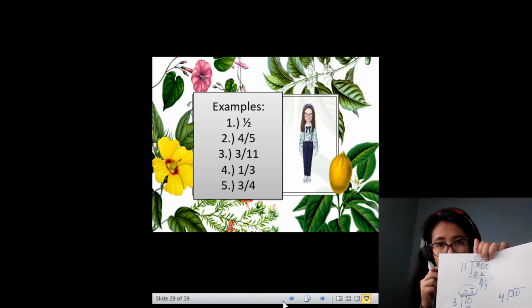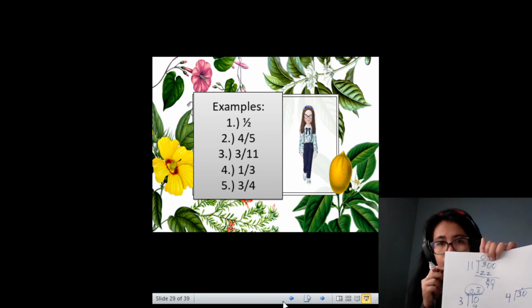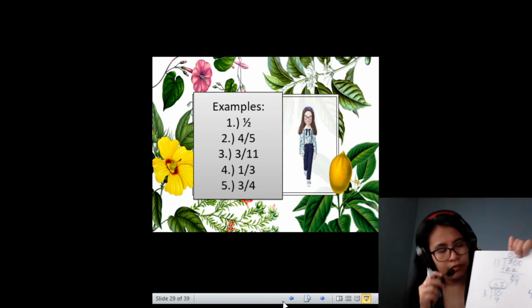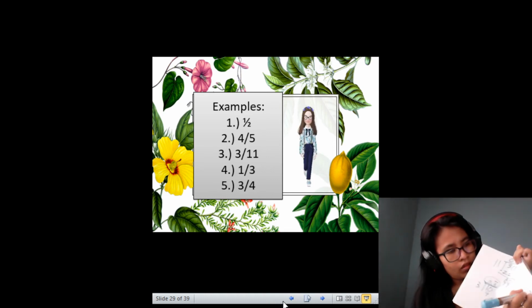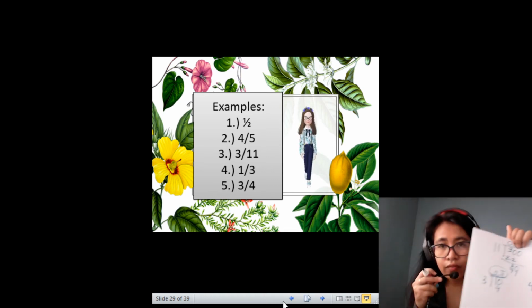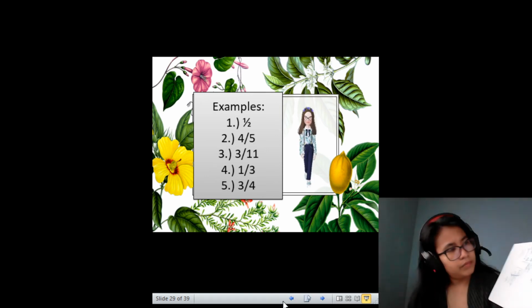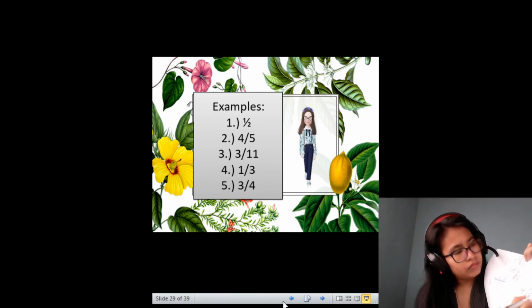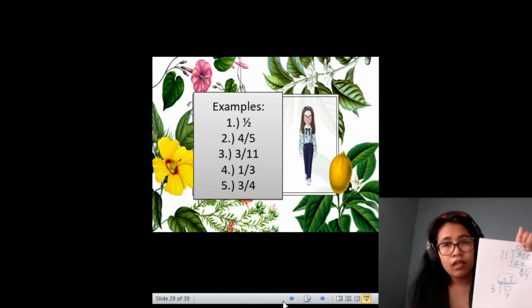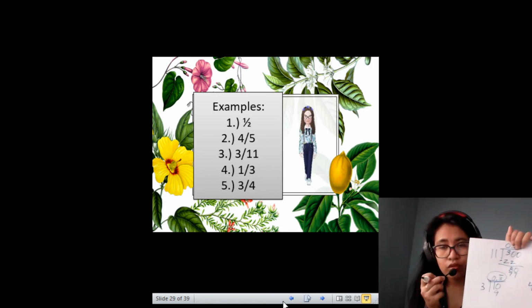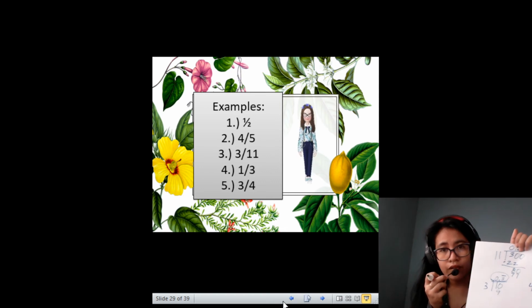How many 4s do we have in 30? We have 7. Then 7 times 4 is 28, and 30 minus 28 is 2.